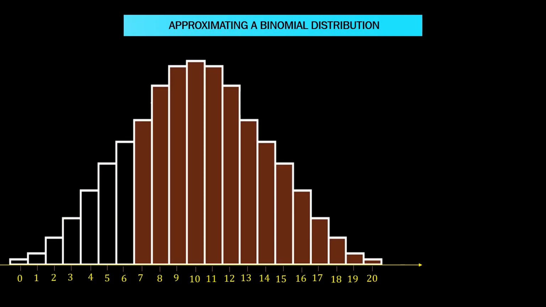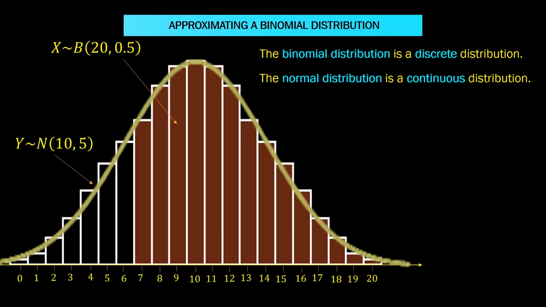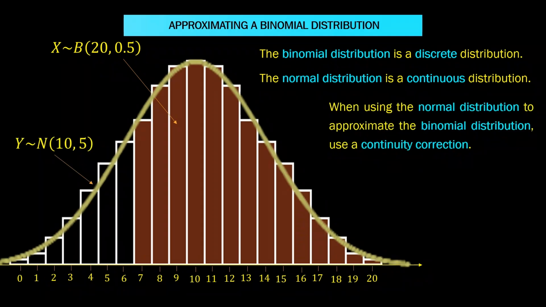Let's now take a look at something else which is related to problems or issues when converting from a discrete to a continuous variable. Since the binomial distribution is discrete, and the normal distribution is continuous, we need to use a continuity correction when using the normal distribution to approximate the binomial distribution.